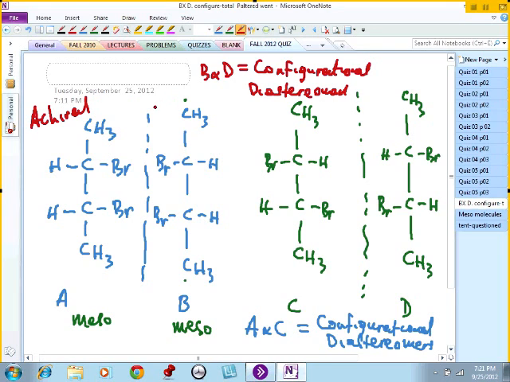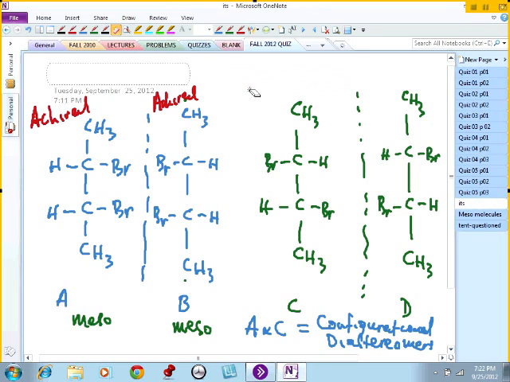The same thing we say about molecule B: it is also achiral. How will you describe molecules C and D? We say they are chiral. Molecule C is chiral, and molecule D is also chiral. Now, when we say a molecule is chiral, what do we mean?